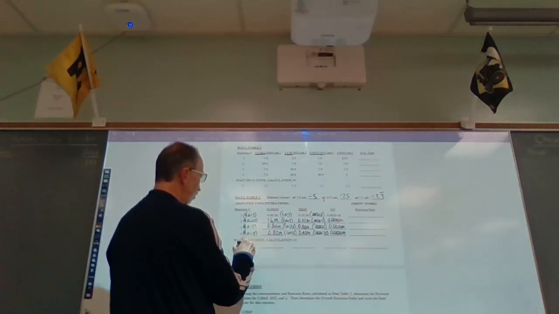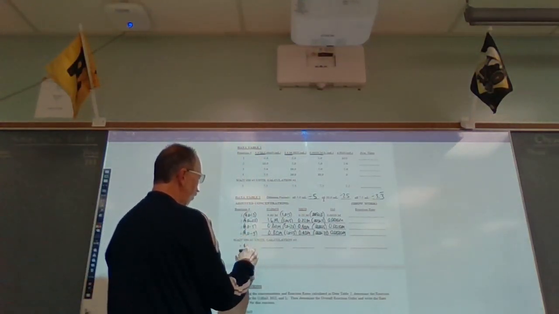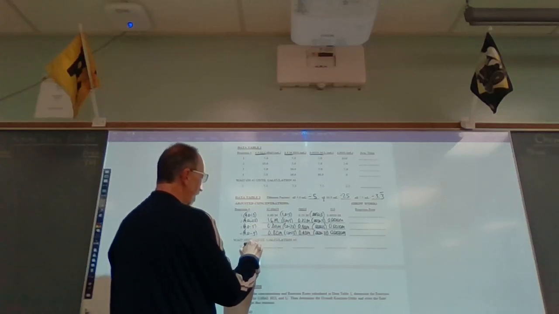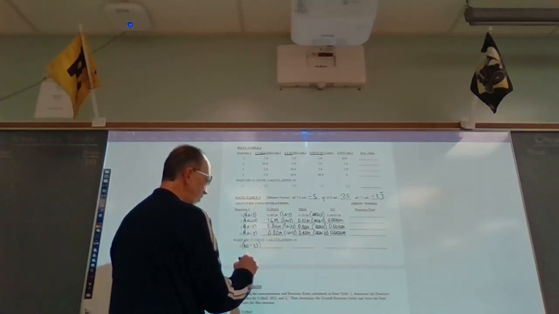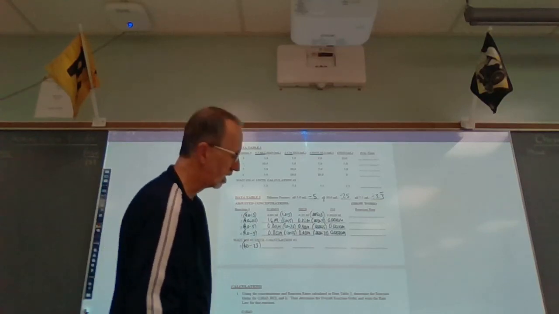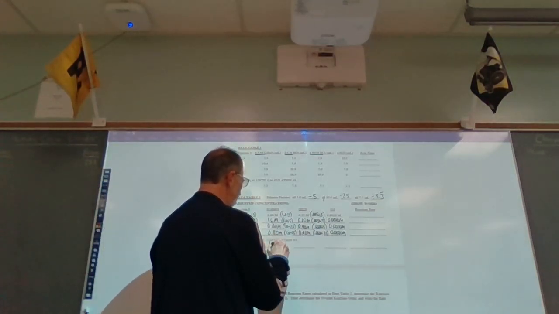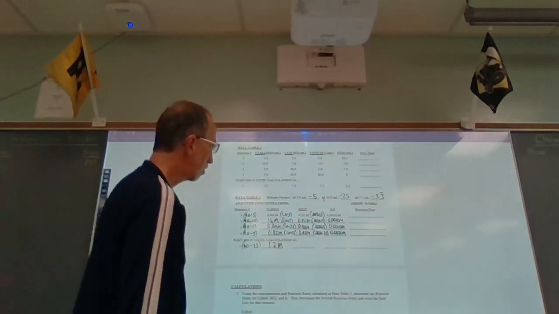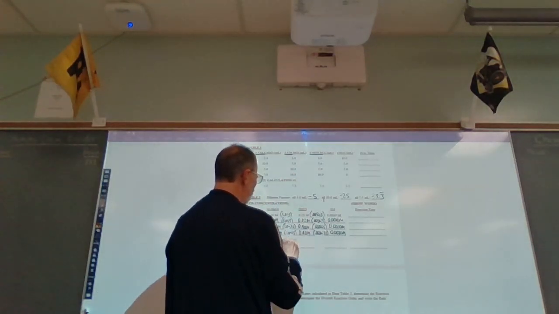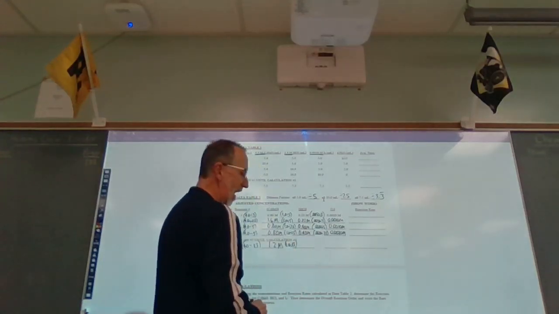So if we take the original concentration of acetone, 4.0, divided by 3.3 repeating, that gives us an adjusted concentration of 1.2 molar. We take our 1.0 molar HCl and divide it by 3.3 repeating, the dilution factor.